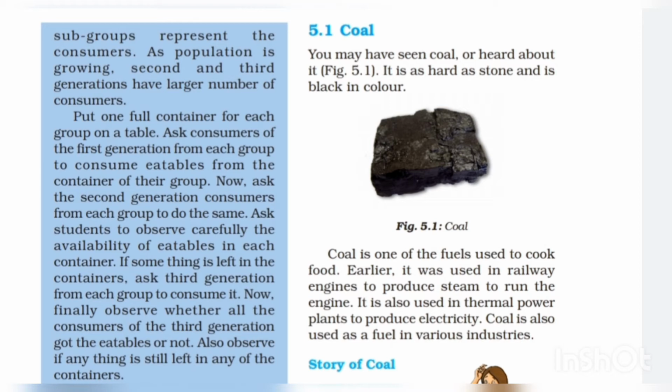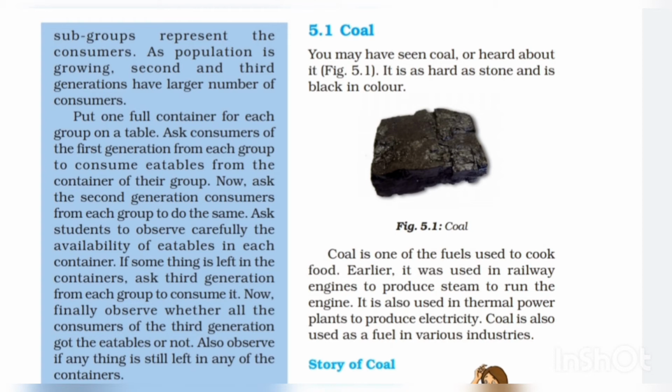Now we put one full container for each group on the table, and ask the first generation from each group to consume the eatables, meaning to eat the eatables from the container. Now we ask the second generation to do the same, and students observe carefully the availability of eatables in each container, how much is left.